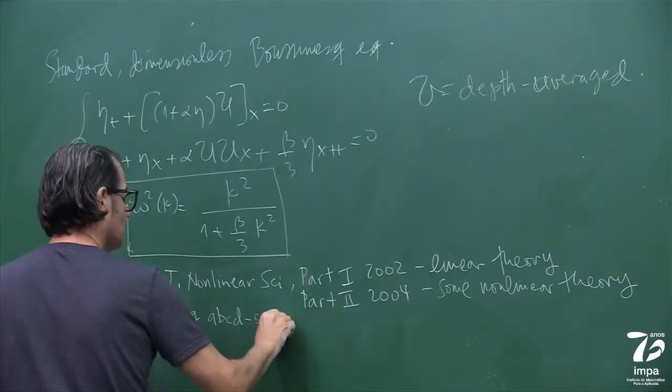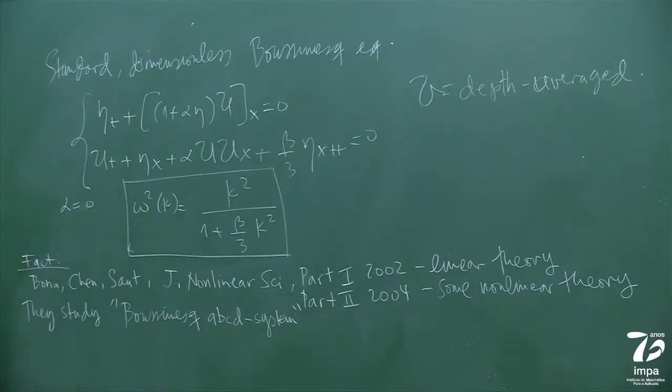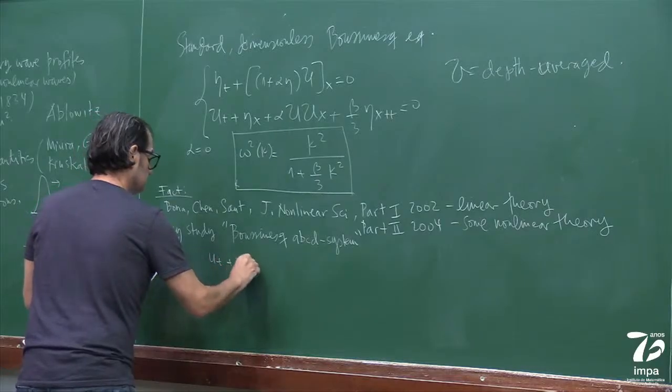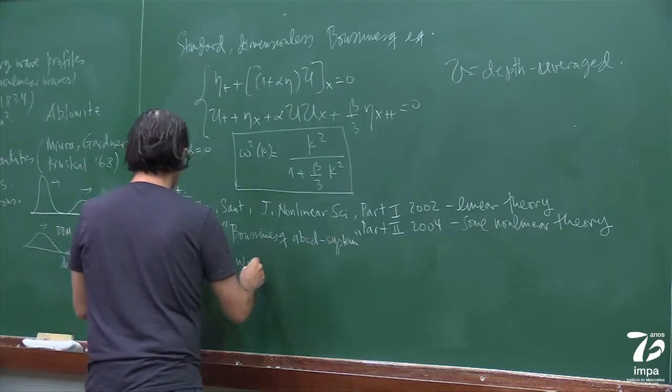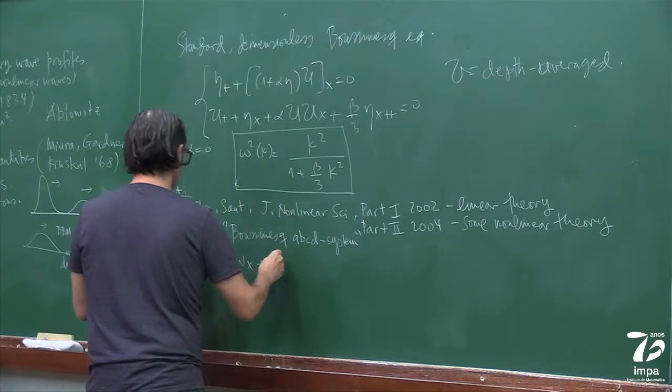You'll see why. So what is the ABCD system? It's this. So I'm using their notation. They use W instead of U, doesn't matter.